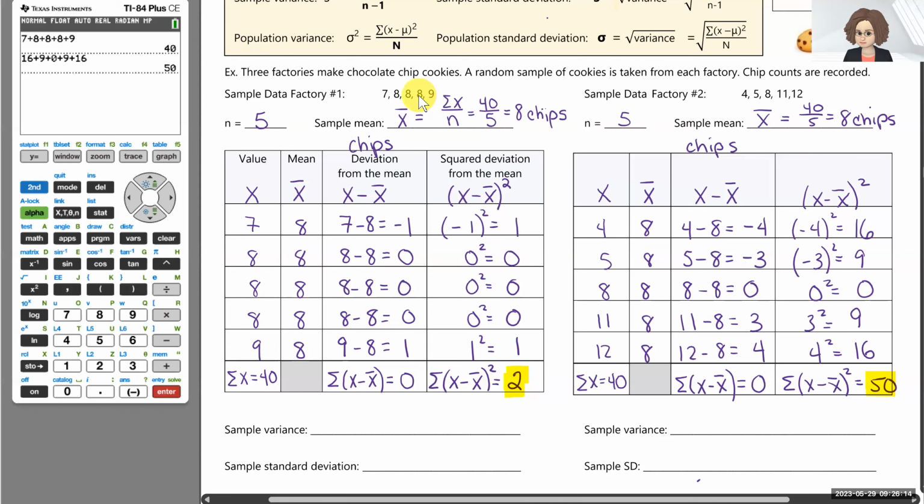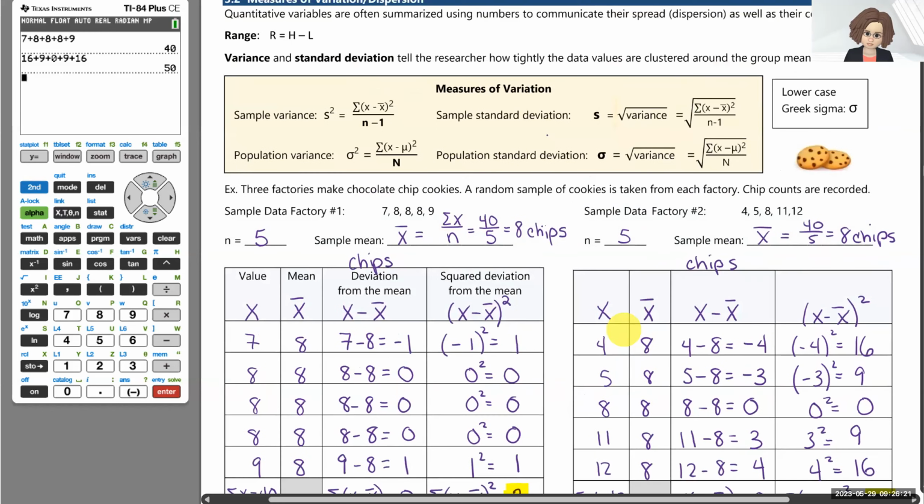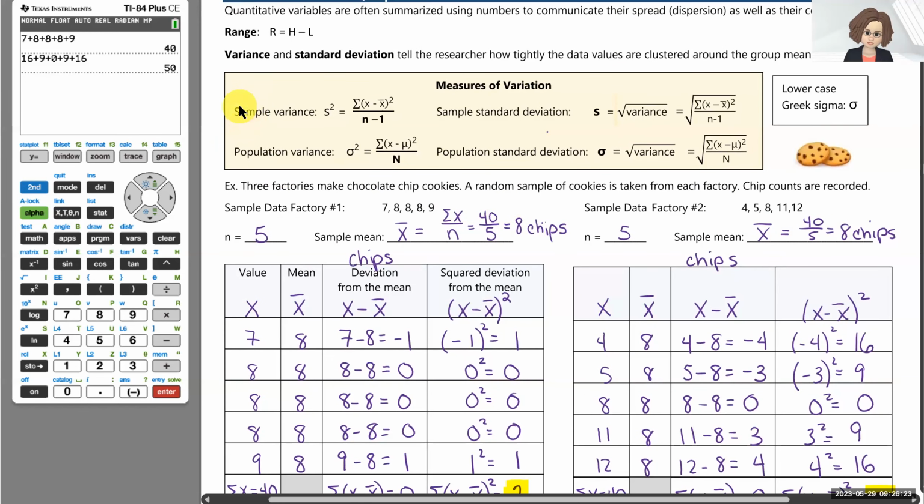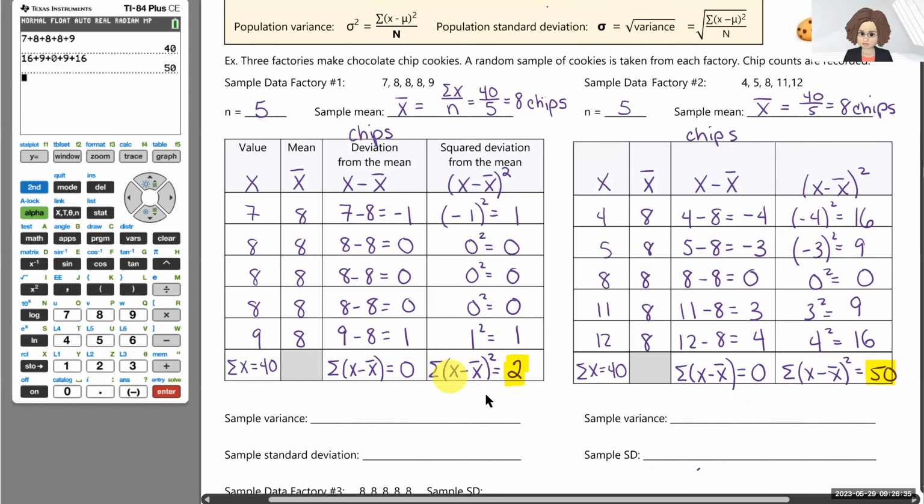Okay, so those values, the 2 and the 50, I'm going to come up to the formulas. What we're trying to do here is develop a formula for sample variance. So the variance of a data set. The symbol for it is S squared, and the numerator is the column values that we just found.